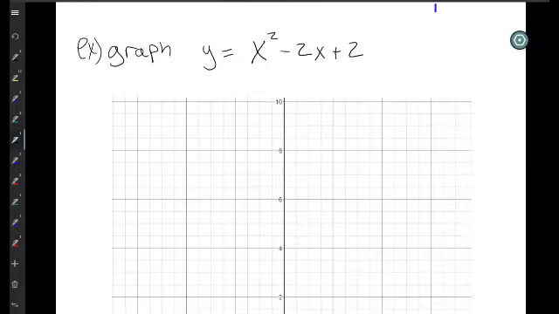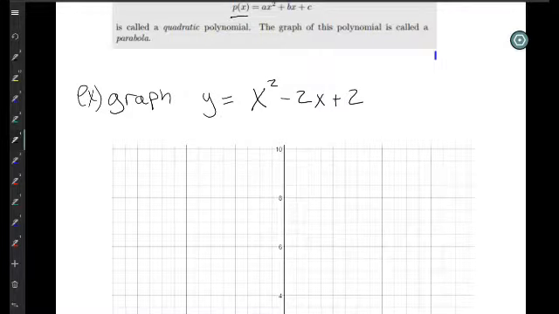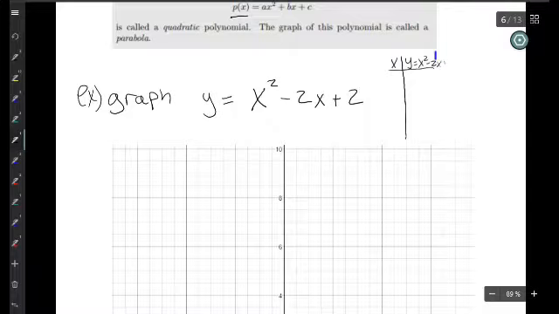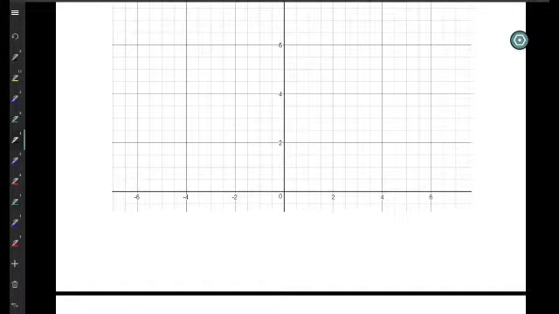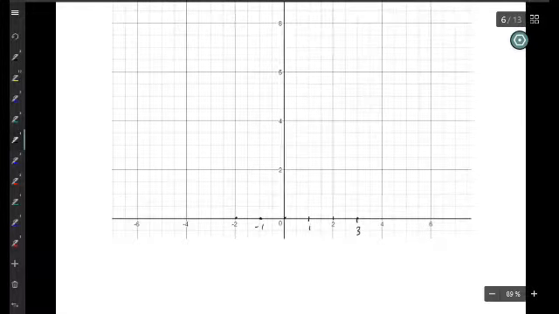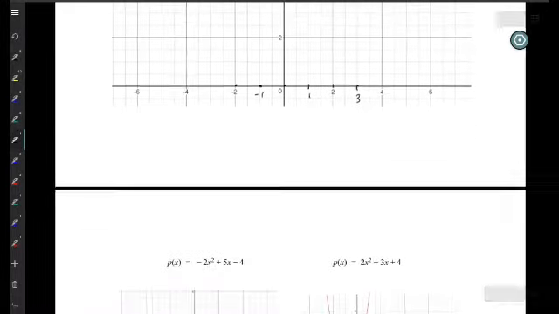Alright, so we can make a chart and then pick some values. How about negative 2, negative 1, 0, 1, and 2, and how about 3 on the x-axis.